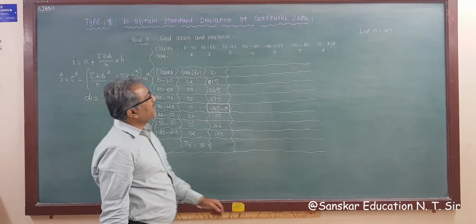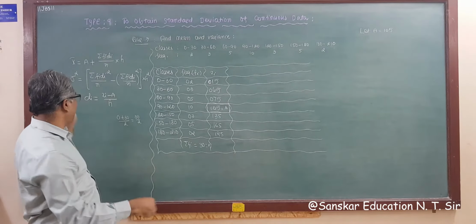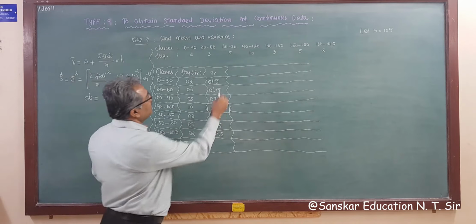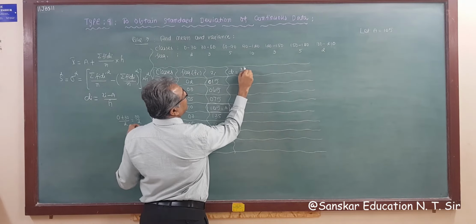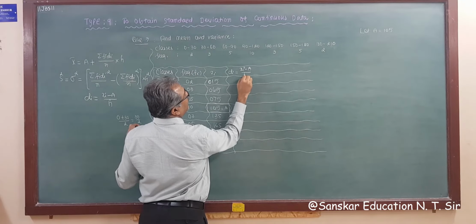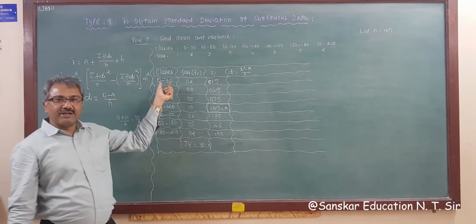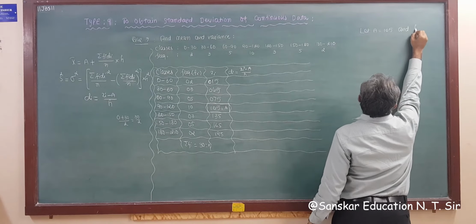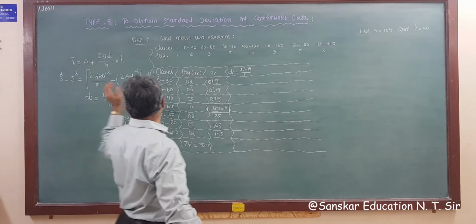Right? So now di. di is xi minus A upon h. H is the class length and the class length is 30. So h is equal to 30. We are going to use these formulas.